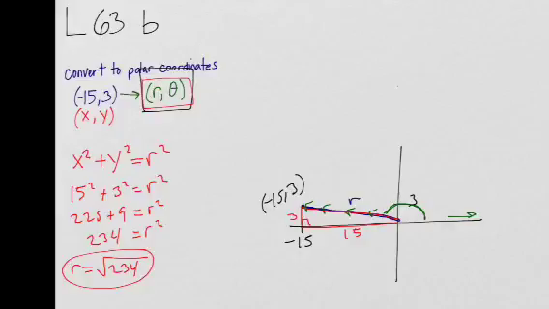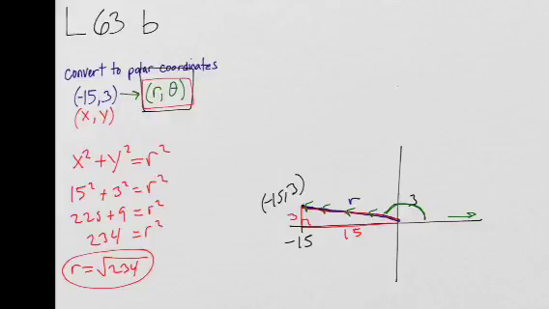We could turn that into a decimal by typing it in our calculator. I prefer to leave it in the most accurate form, which is the square root form, but the book, I think, does give the decimal form. Notice that I didn't bother with the negative in negative 15, because negative 15 squared is just a negative times a negative, which is positive anyway, so it doesn't matter here.